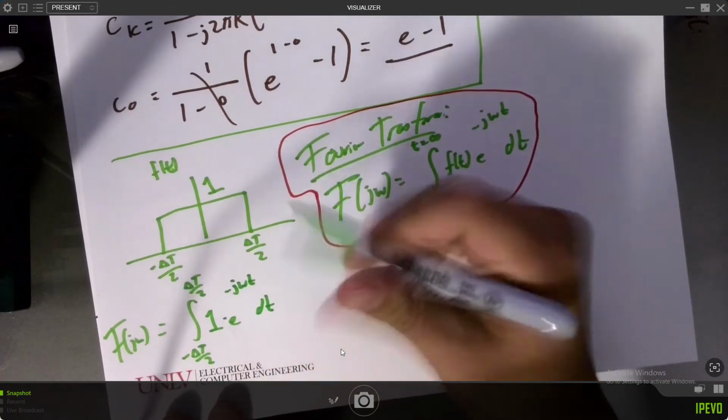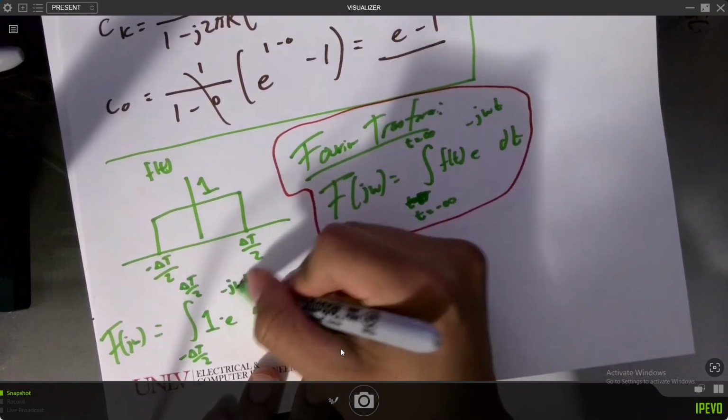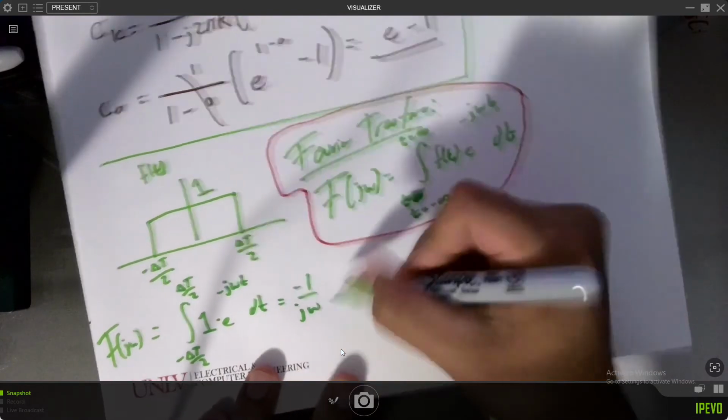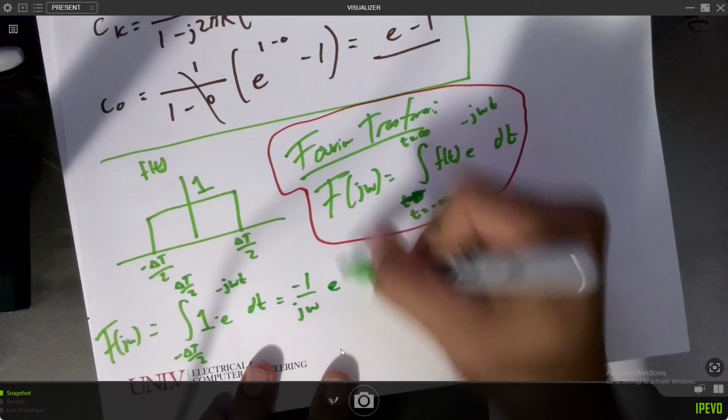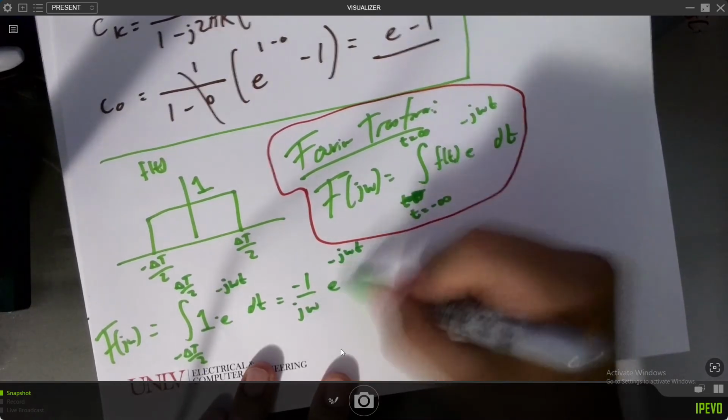So now I guess everyone knows how to do this by now. We're all pros at it. You just take this guy, divide it by that guy, and e to the minus j omega t. If you don't trust this one, take a derivative of this. You get that.